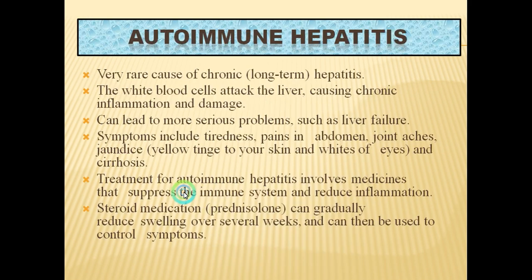Now we have another hepatitis which is called autoimmune hepatitis. Here it is long term, a very rare cause of chronic or long term hepatitis. The WBCs attack the liver, causing chronic inflammation and damage.